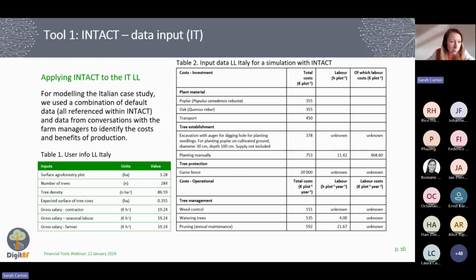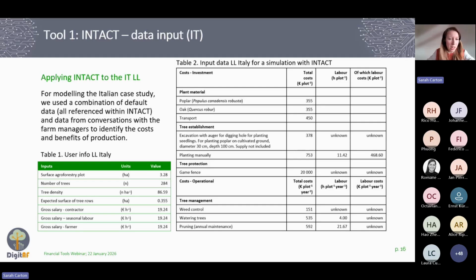So we used a combination of default data that are all referenced within Intact, and also data from the farm managers of the Italian Living Lab to identify the costs and benefits of the production. So this is all important input data for the modeling. At the left we have some inputs like the hectares.